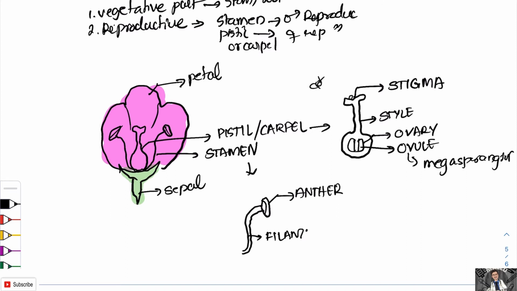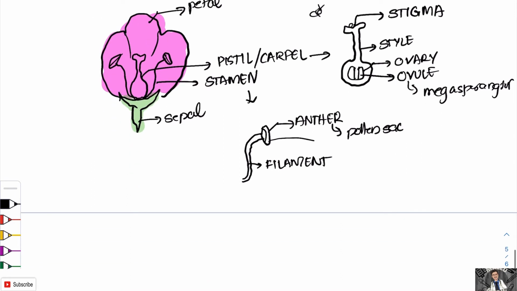It is within the anther that the microsporangia are produced. And what are the microsporangia? They are the pollen sac. For example, if I give it a cut in this plane, then there will be a tetrad, as the pollen sacs are arranged in four in number. We call it a tetrad.